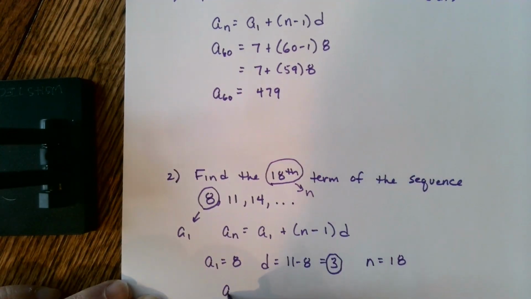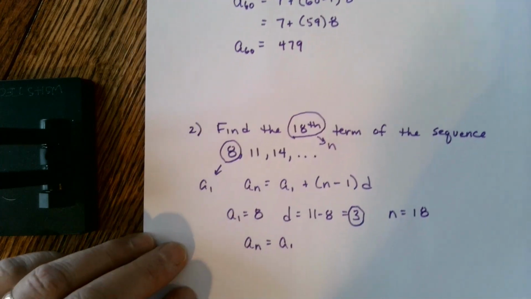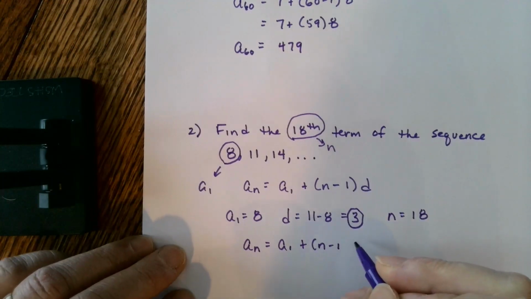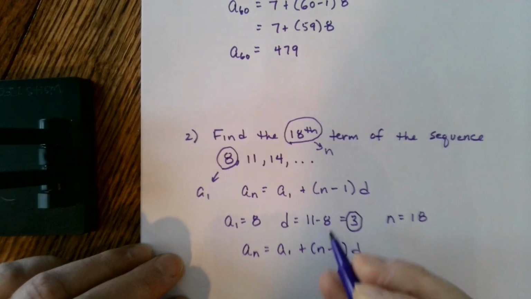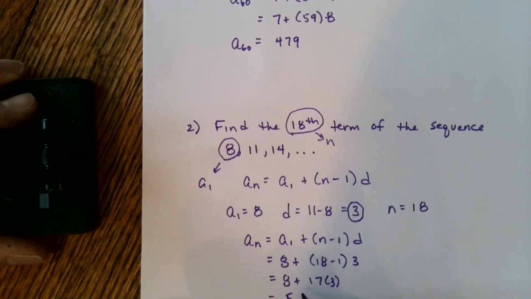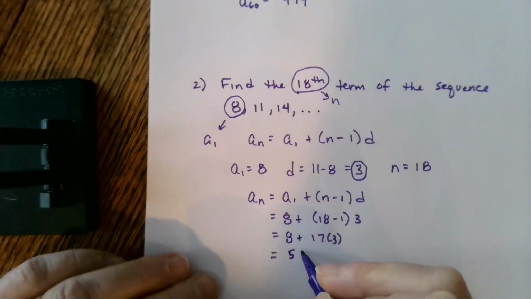Using my formula now, a sub n is equal to the first term plus n minus 1 times d, I can now figure out that 8 plus 18 minus 1 times 3 is going to give me 8 plus 17 times 3, which gives me an answer of 59.